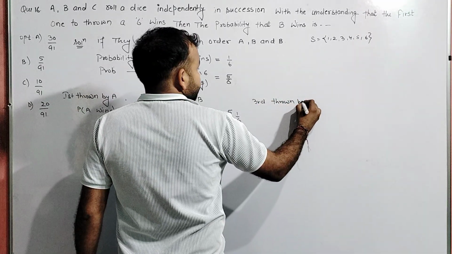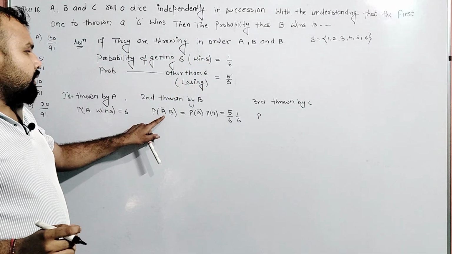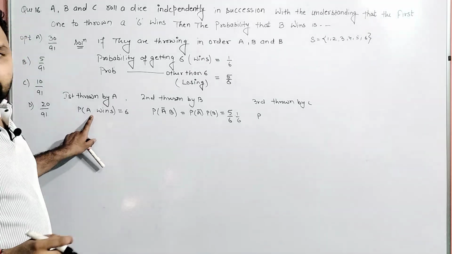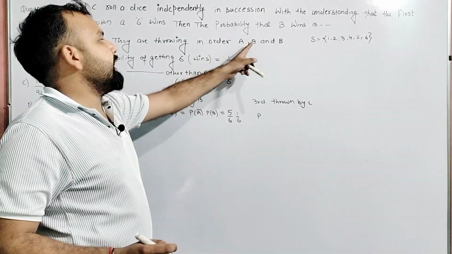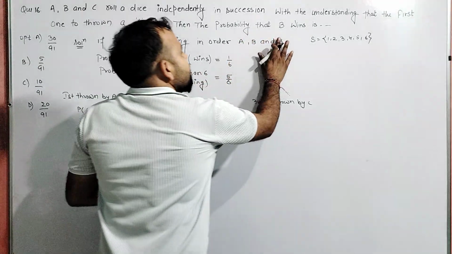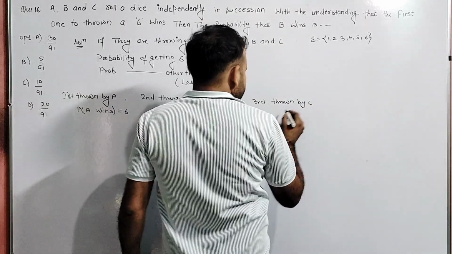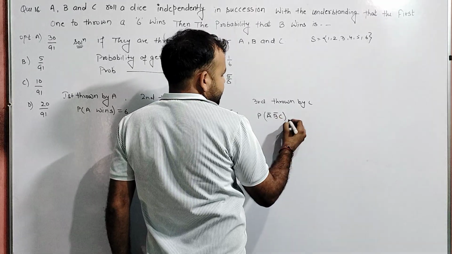Similarly, third throw by C. First A, second B, third C, because this order is already given. That means probability of A losing the game, B losing the game and C winning.